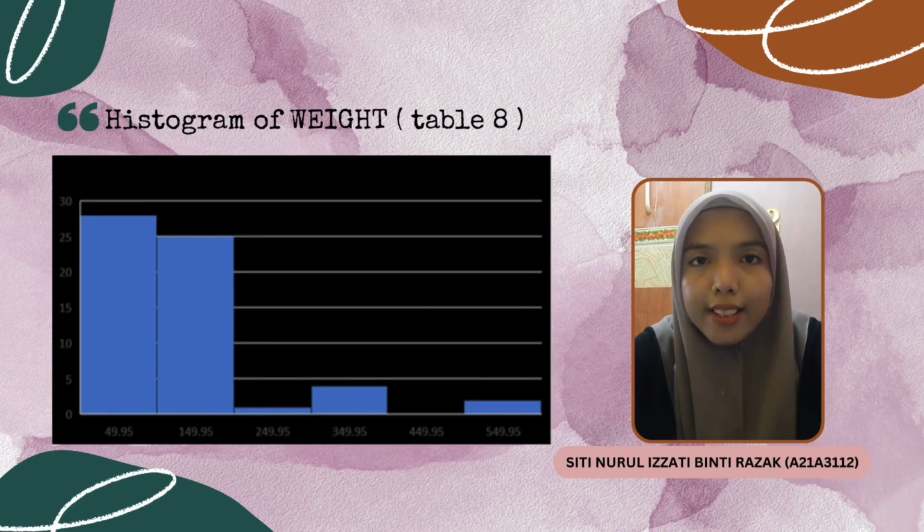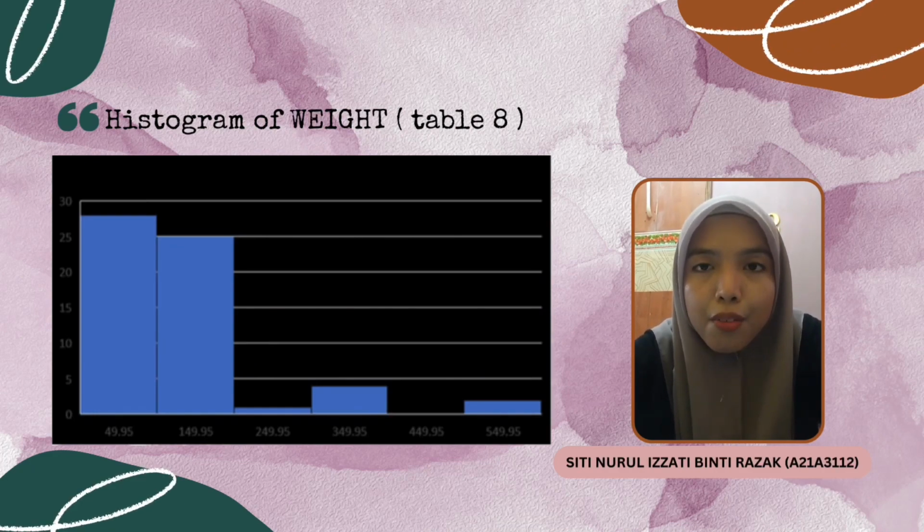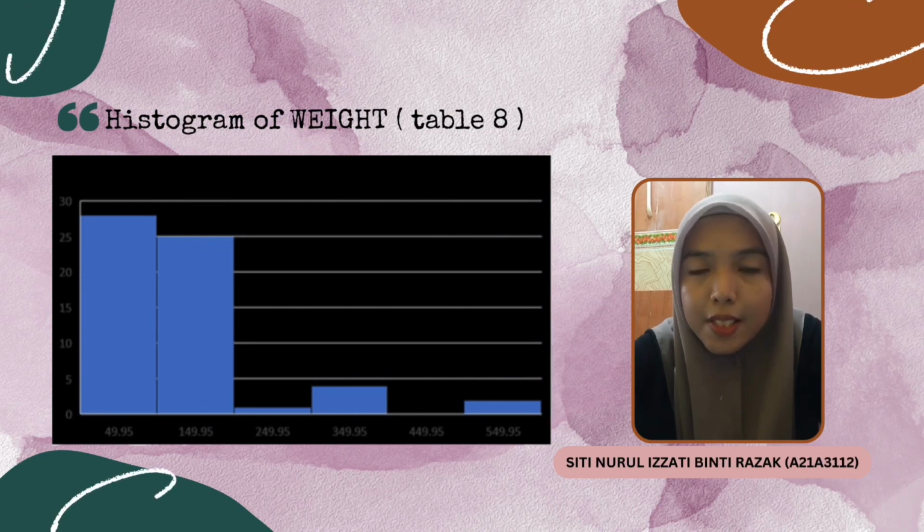After that, we look at the histogram of weight. From the table it can be observed that the range from 0 to 99.9 is 46.7%. Then 100 to 199.9 is 41.7%, and third, 200 to 299.9 is 1.7%.